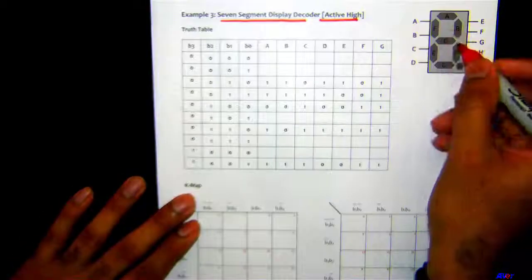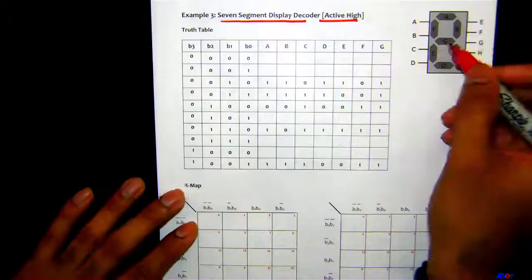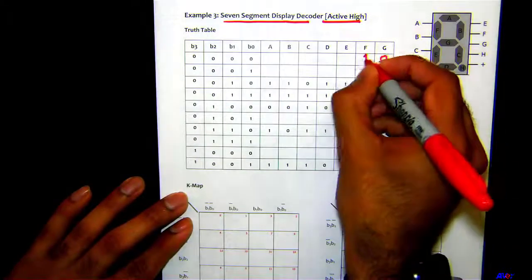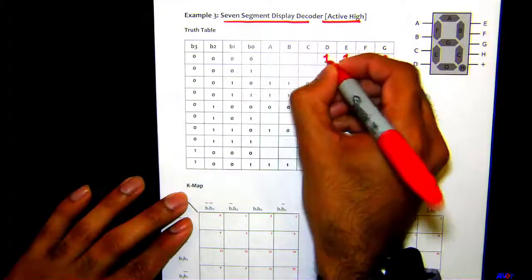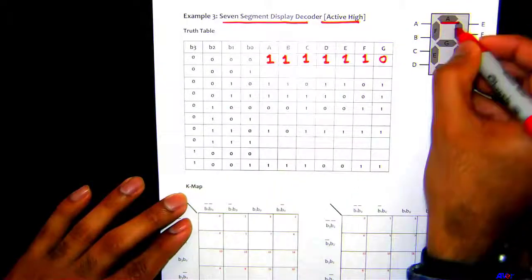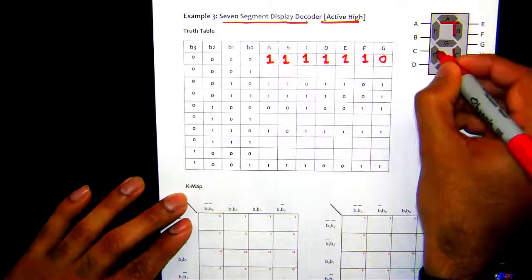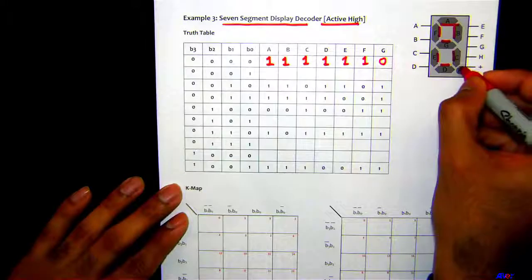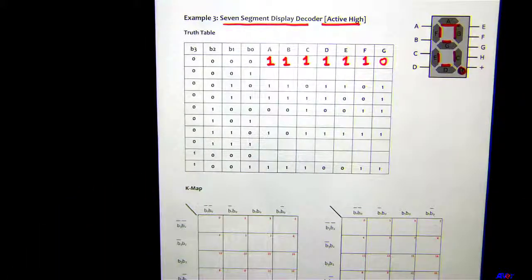In order to display 0, all the segments need to be on except for G, correct? So G is going to be 0 and the rest of the other segments are going to be 1. This is your A, this is your B, this is your C, D, E, F and G. Many 7-segment displays these days have a decimal point also, which is referred to as the H segment.